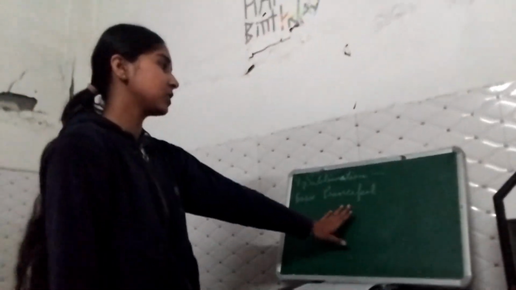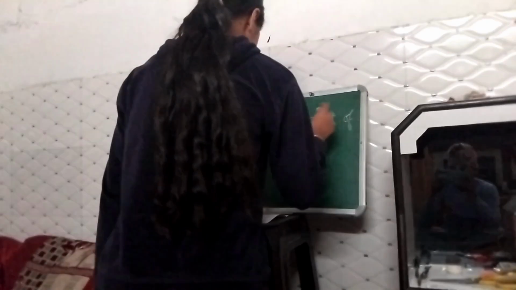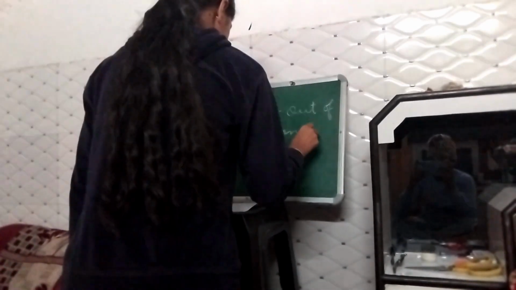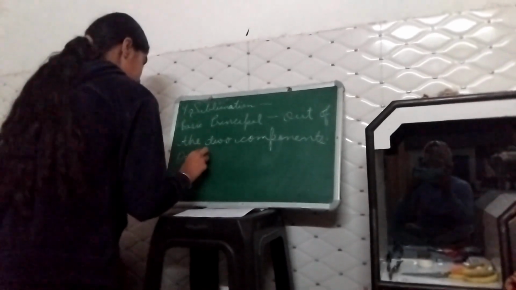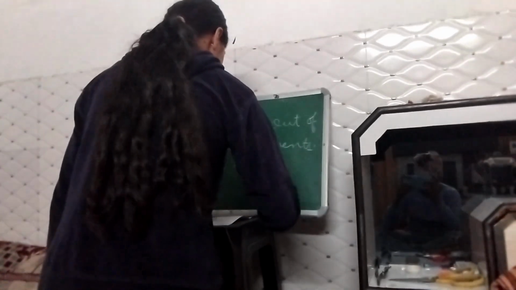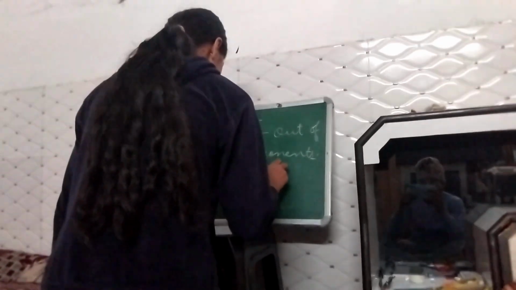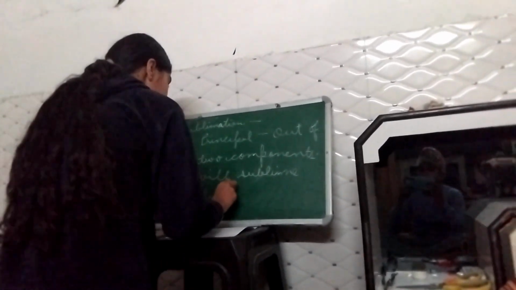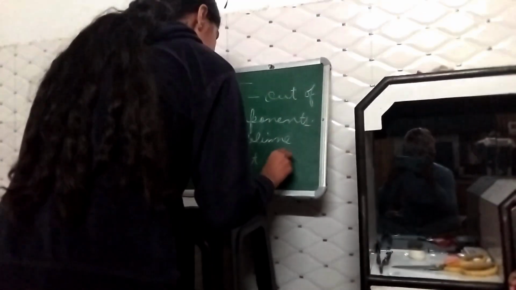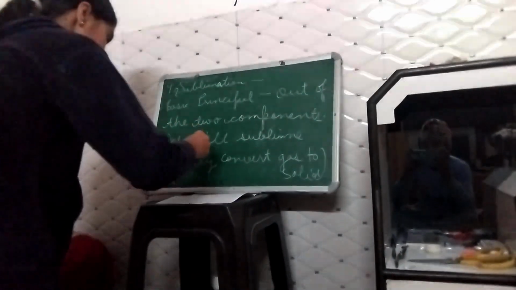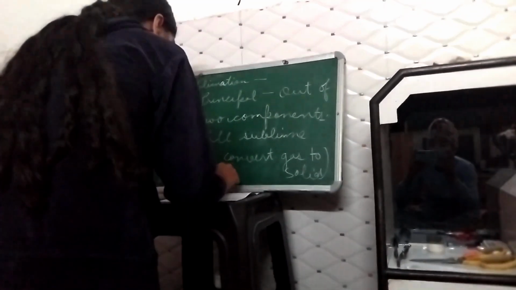Almost all points have a basic principle, which is what is important; nothing else about them is that important. So the basic principle: out of the two components, one will sublime, which means it directly converts gas to solid, and the other will not.